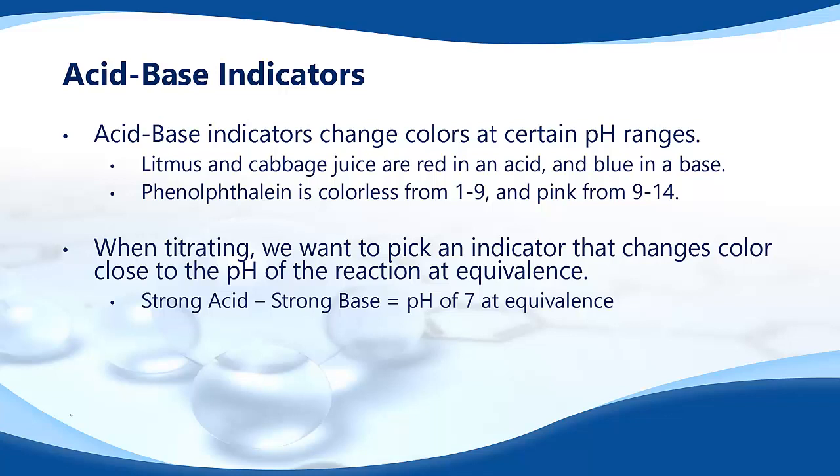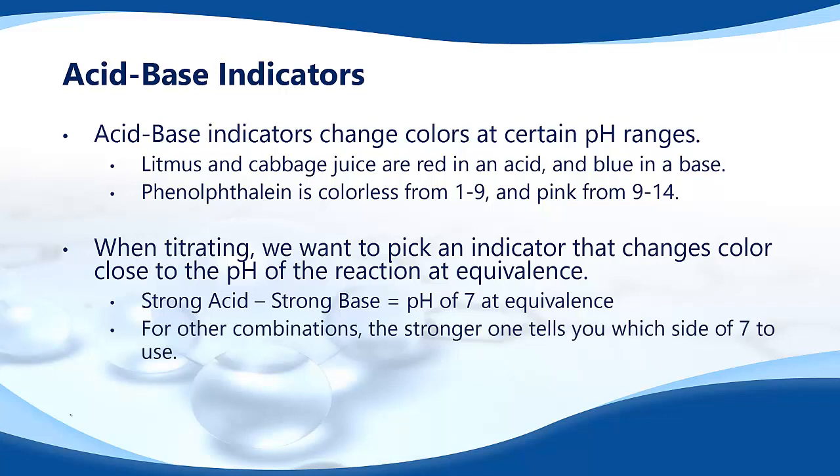The pH at the end will be a little bit over 7. Right, so for other combinations, whichever one is stronger tells you which side to default to. And you don't have to get exact numbers when you're doing this sort of thing, because these pH colors work in ranges. So as long as you're within that range, you're good.